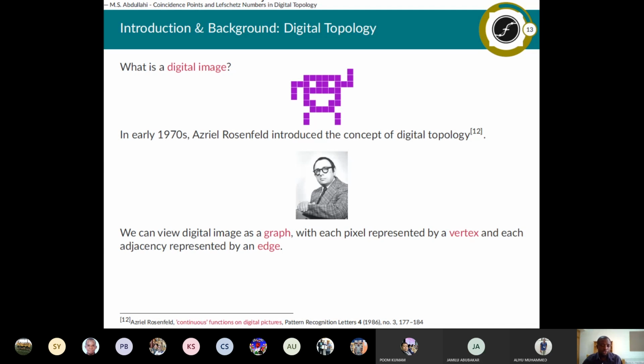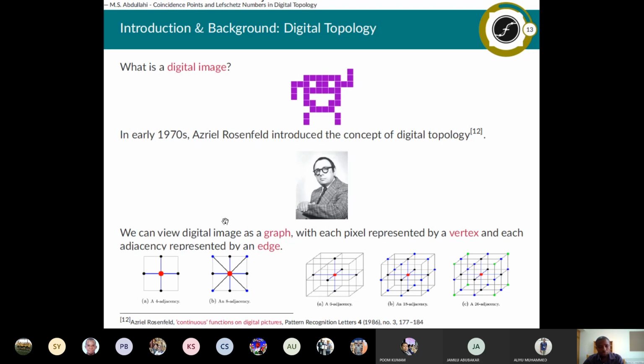Because already when he introduced the term digital topology, people had already been working with digital image operations like image thinning, image segmentation, and what have you. The way he modeled this image is he viewed the pixels as vertices, and the relation between two pixels as an edge. In this case, if we view an object, we can view it as a graph, and that is what we follow in this study.